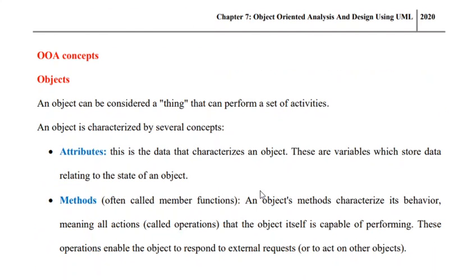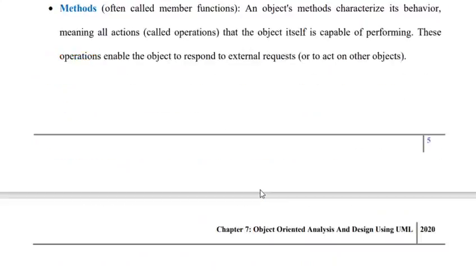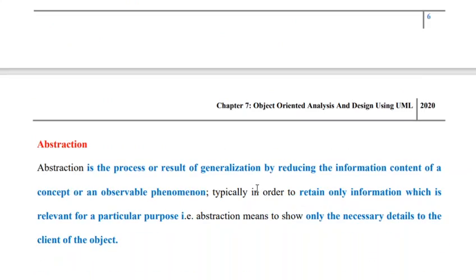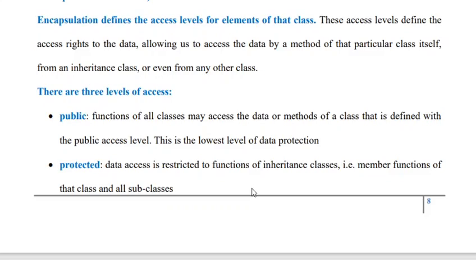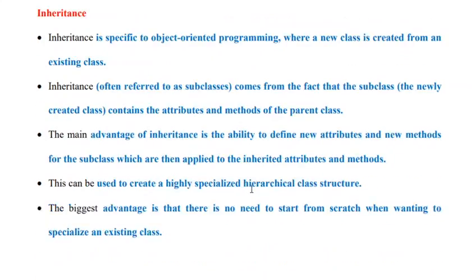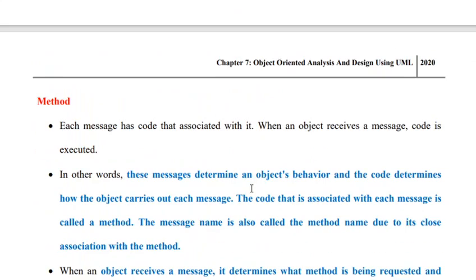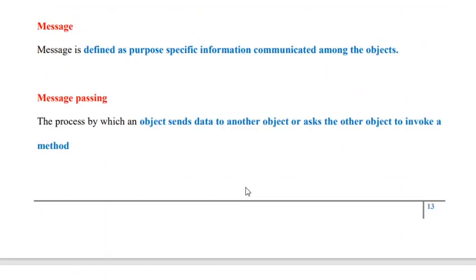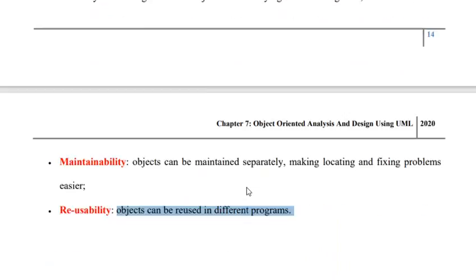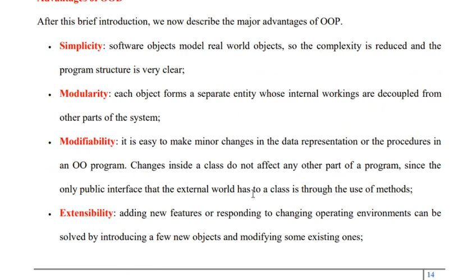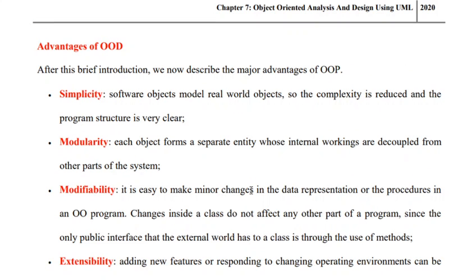Then we learned about various concepts of the object-oriented paradigm: objects, classes, abstraction, encapsulation, inheritance, polymorphism, methods, message passing, and messages. We also learned about some of the notable advantages of the object-oriented approach to software development. In the next class, we'll be learning about object-oriented concepts in greater detail.